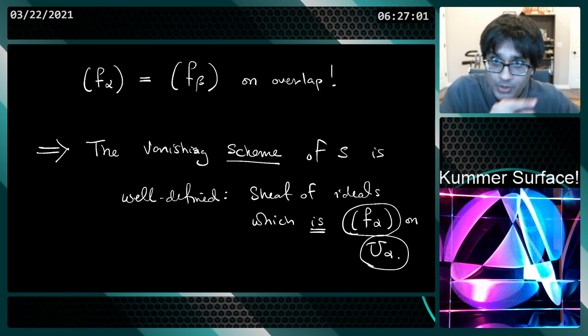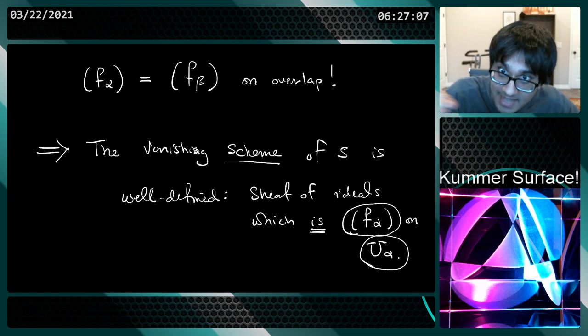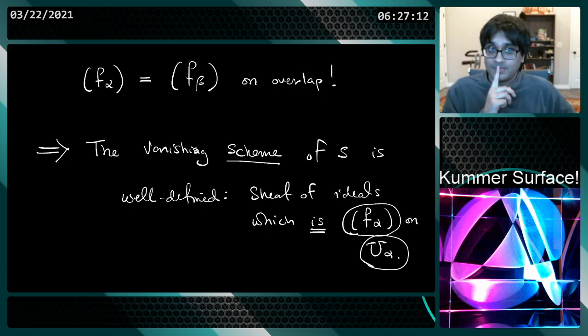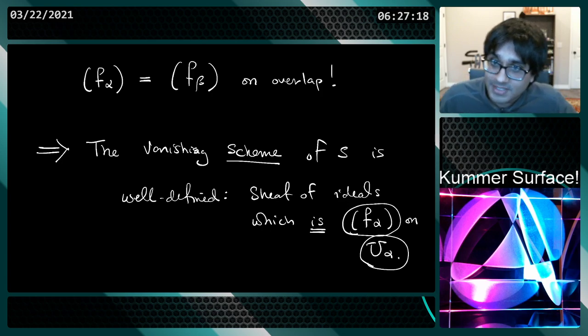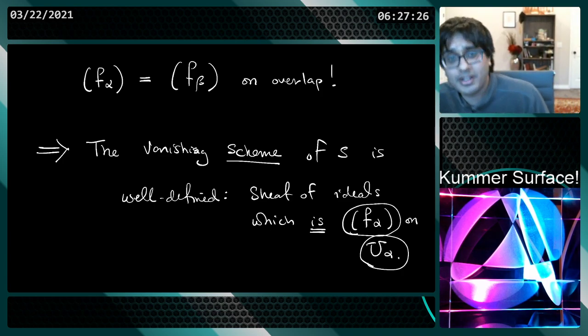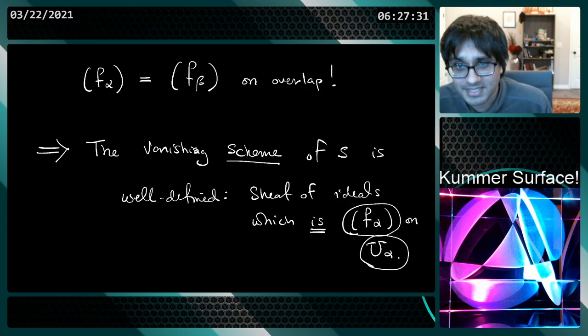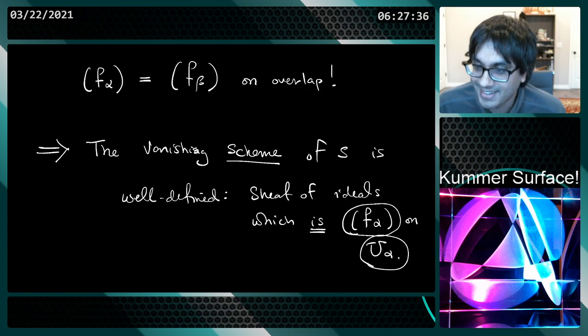The F alpha on the U alpha chart, you set it equal to 0. One equation. And then you're taking that closed subscheme corresponding to setting that one element equal to 0. So it's codimension 1, as long as this F alpha is a non-zero divisor inside the coordinate ring for that U alpha. Each U alpha has its separate coordinate ring that you have to juggle, because these are the many sides of a given projective variety. You have to get used to that. Okay? Does that make sense? Why it's codimension 1?